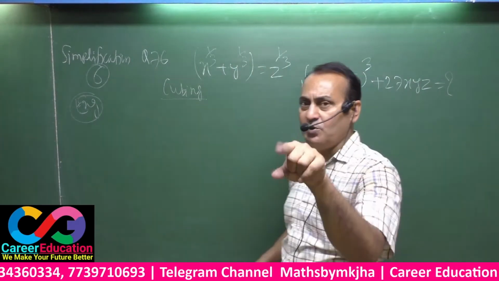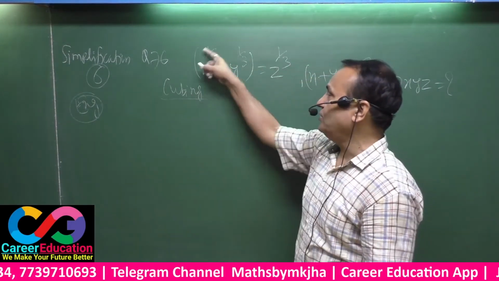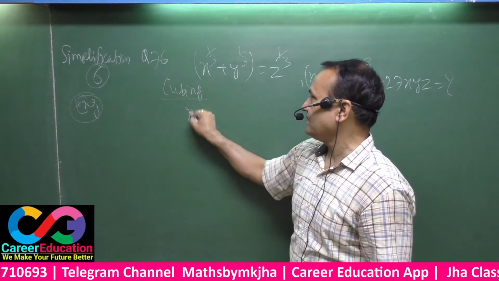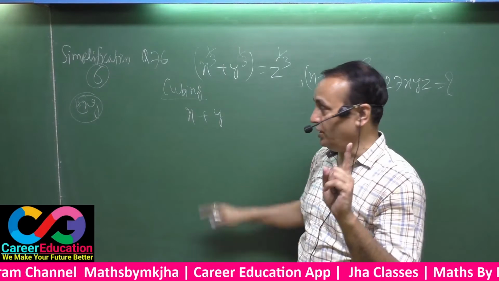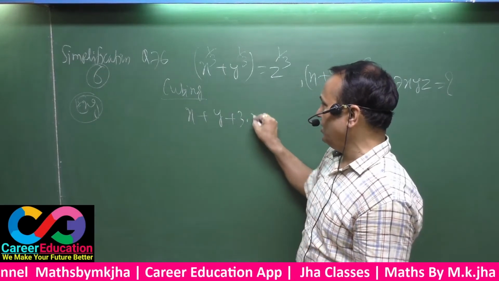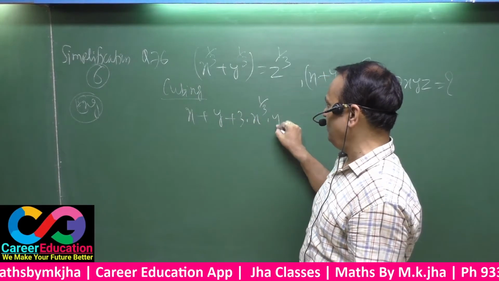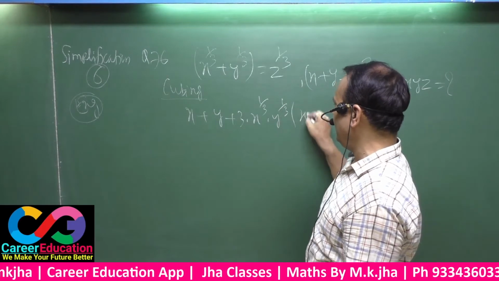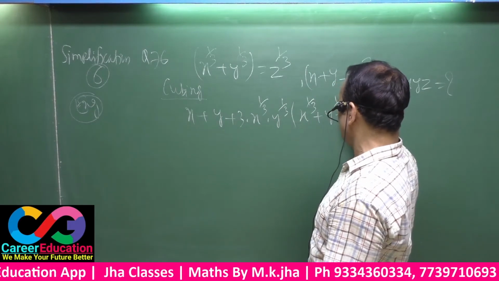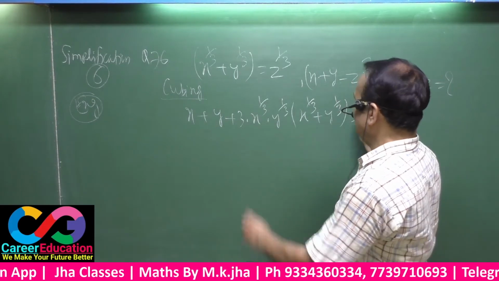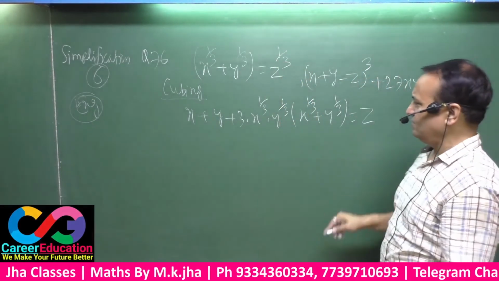That means a plus b whole cube is a cube. Cube of this is only x. Cube of this is only y. A plus b whole cube equals to a cube plus b cube plus 3ab bracket a plus b. Again, the cube of this is only z.